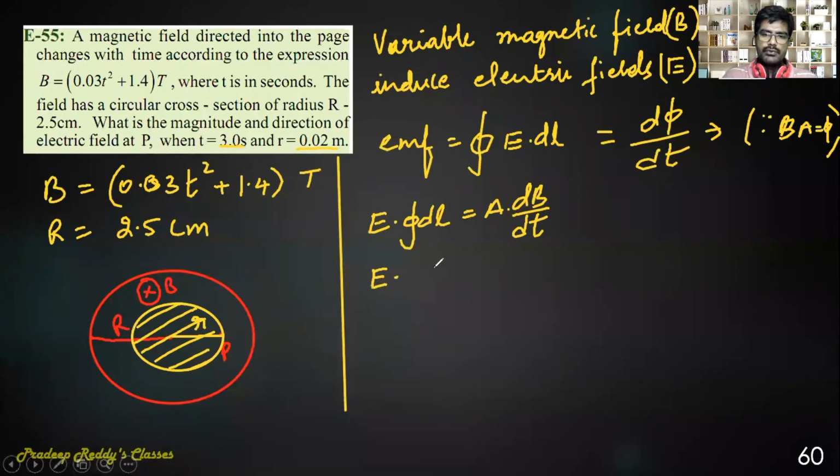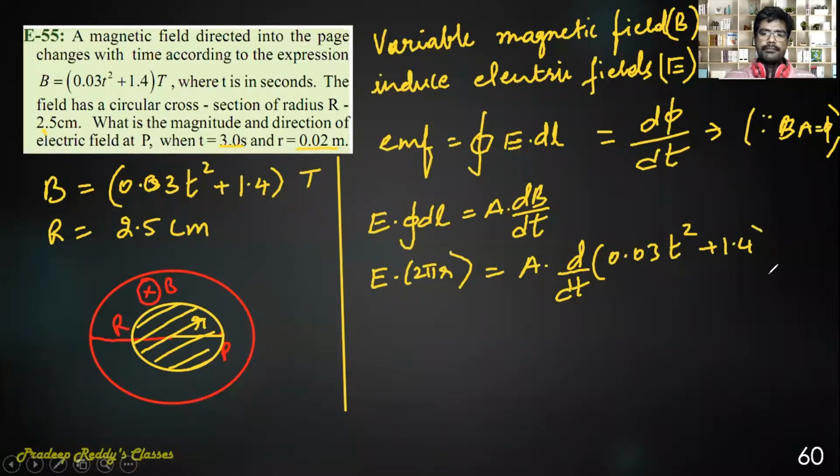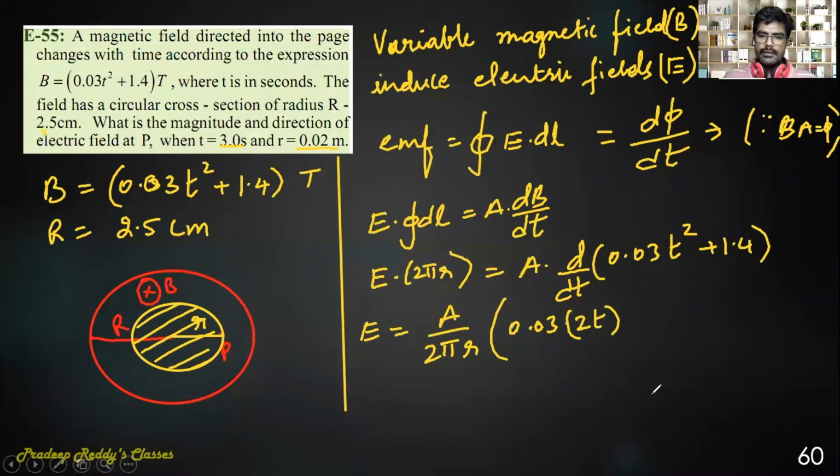It is 2 pi small r, which is equal to the area of cross section A, and dB by dt is d by dt of the magnetic field, which is given as 0.03 t square plus 1.4. You need to differentiate this. E is equal to A divided by 2 pi r into 0.03 into 2t plus 0.